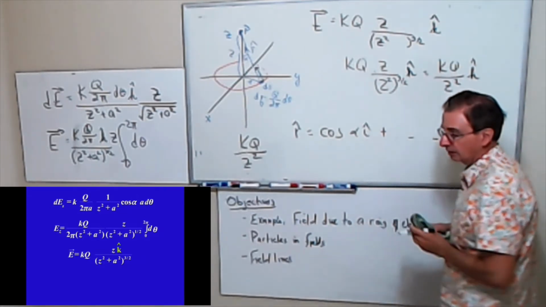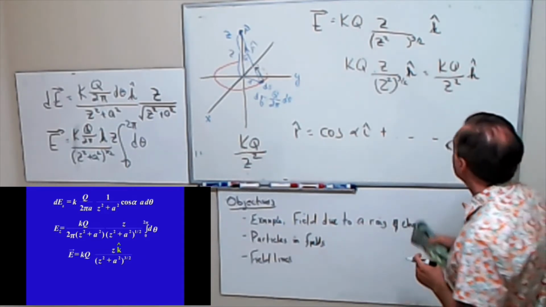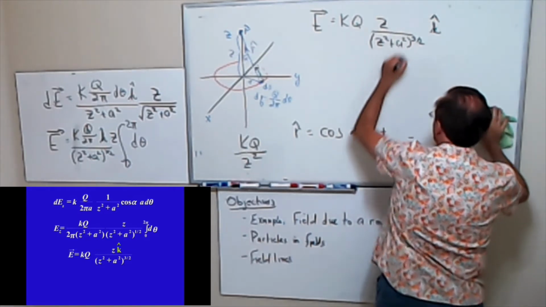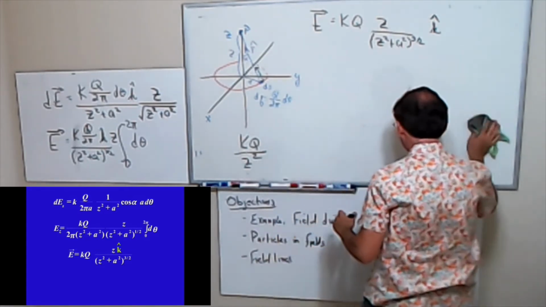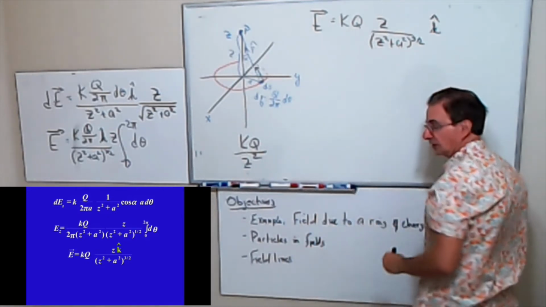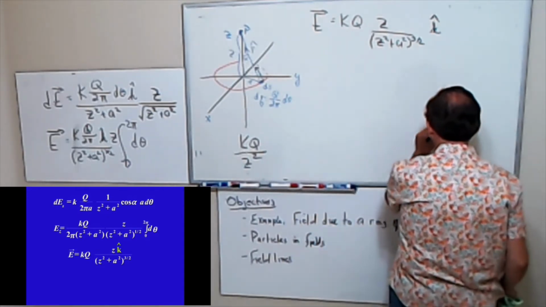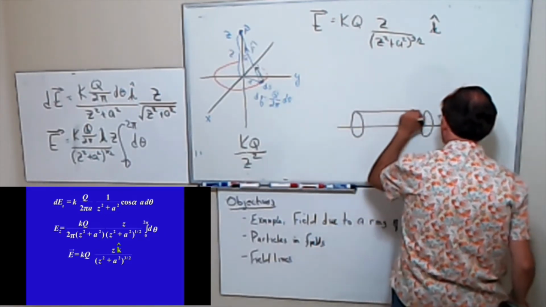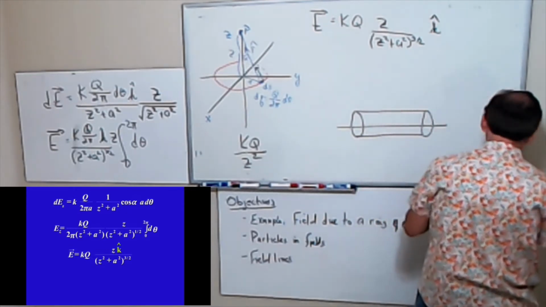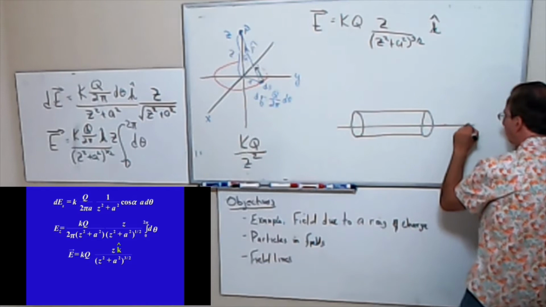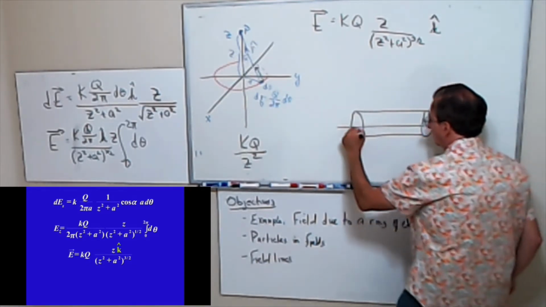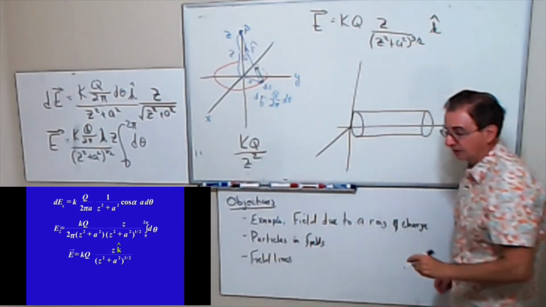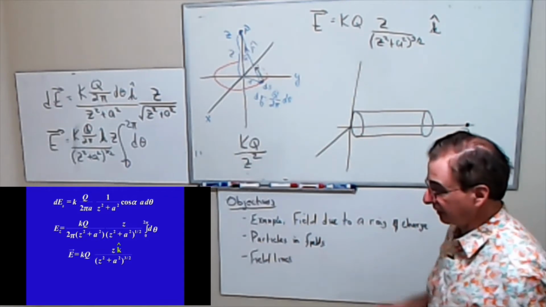Now, in the homework, you have a problem. Of course, in the homework, this will be along the x-axis. You have a cylindrical shell along the x-axis, and they want you to find the field at this point P. It's not a good picture, but the problem kind of looks like that.